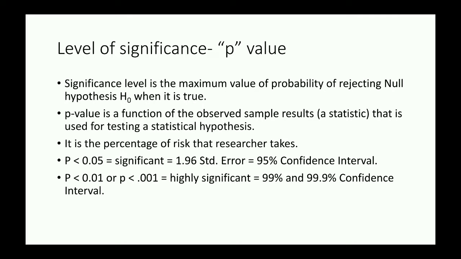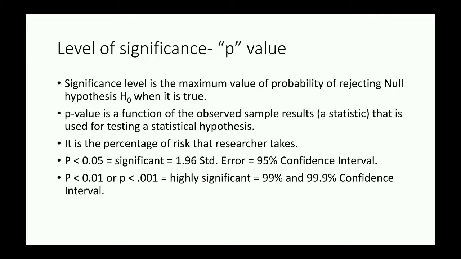Whichever level you are selecting for your research, it is the maximum probability that you are going to reject the null hypothesis where it is true. That means you are going to commit a type 1 error. So significance level is the maximum probability that you are going to commit the type 1 error.